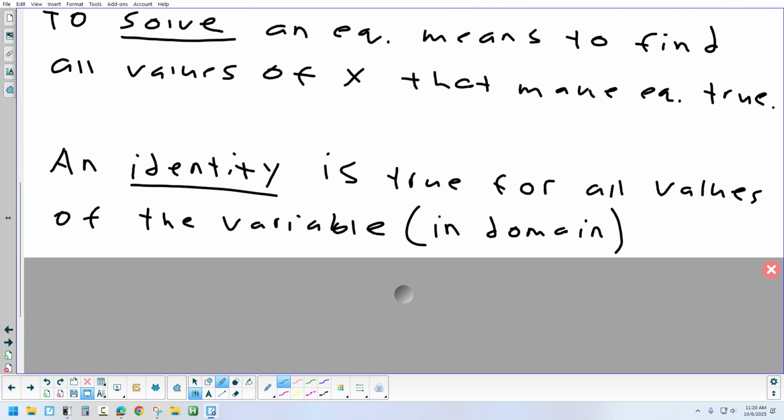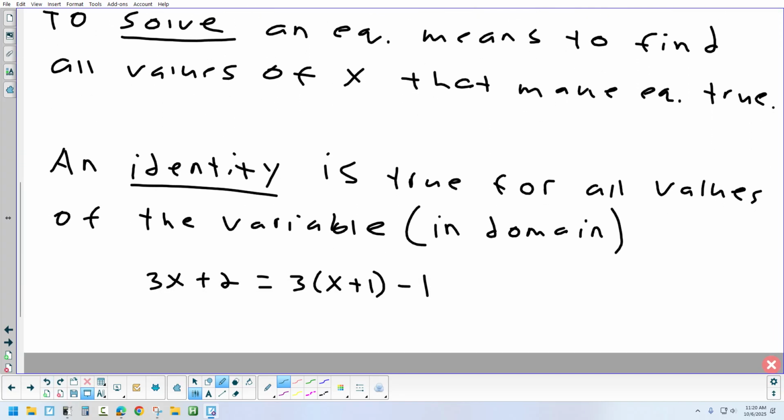Well, let's look at this equation. 3x plus 2 equals 3 times (x plus 1) minus 1. What would be your first step on the right-hand side? Dylan?